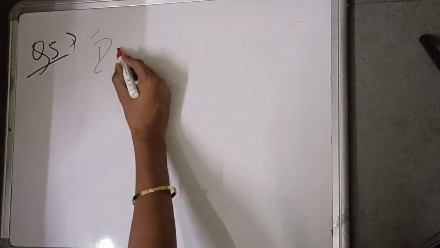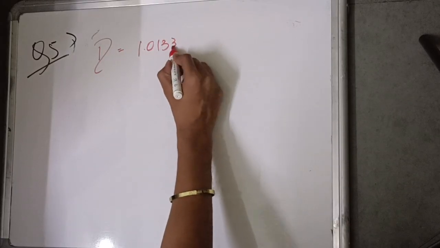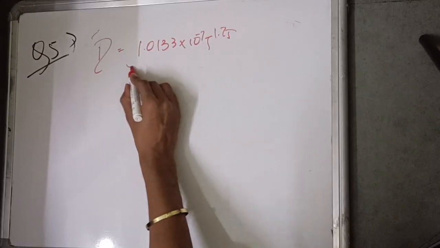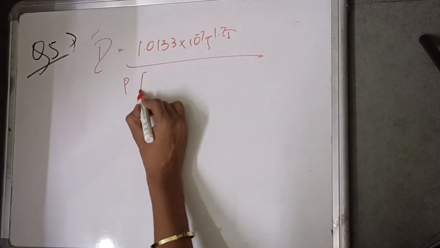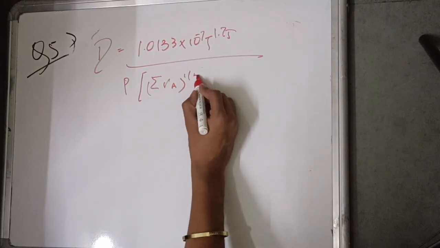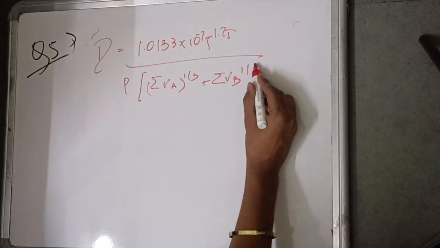Diffusivity of water we are given, we have to find from this relation. This is the formula.